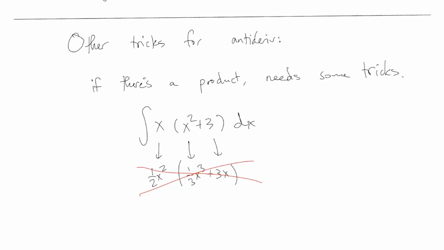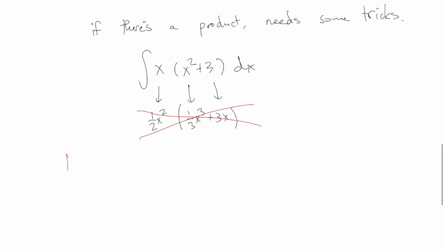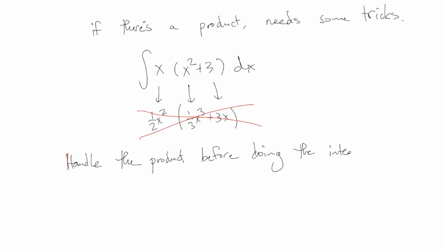When there's multiplication, we need to somehow handle the product before doing the integral. And this is true of quotients also. If you see a quotient in there, you can't just do the integral on the top and also on the bottom. You have to somehow handle it before doing the integral.